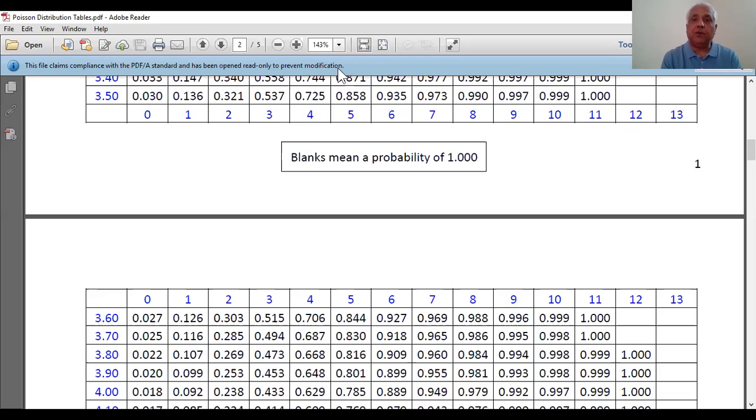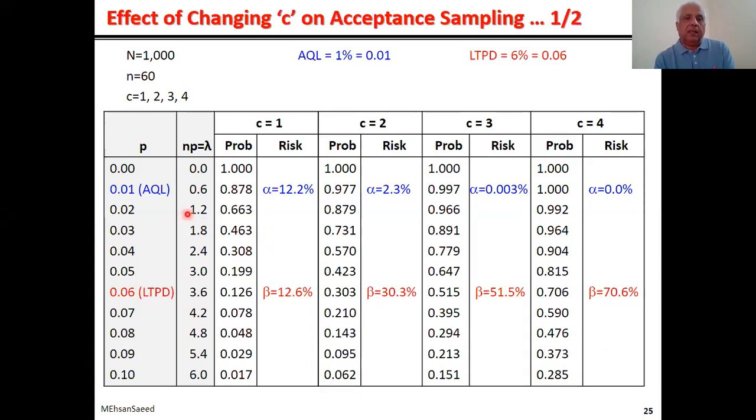So now let's go back and see those values again. See, 12.2%, 2.3%, remember 0.997 and Z.